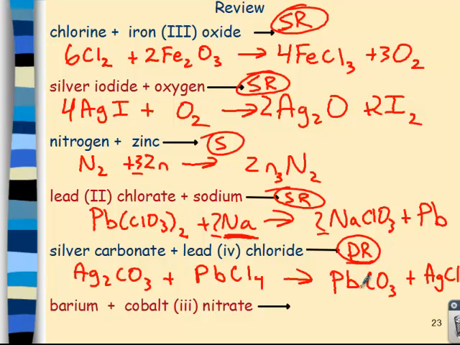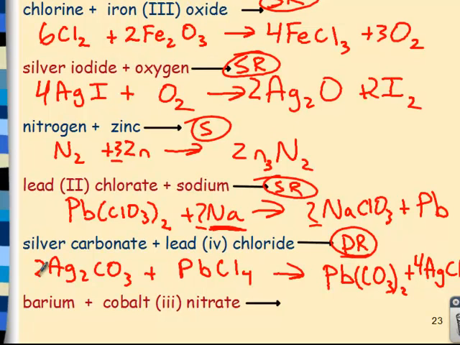So when we cross those, you're going to get a 2 and a 4, which reduces to a 1 and a 2. Tricky there. Say that again. +4, minus 2, you would put a 2 there and a 4 there, which would reduce to a 1 and a 2. All right, so to balance this one, I need 4 chlorines, 2 silvers. That gives me 2 carbonates, and I'm balanced.